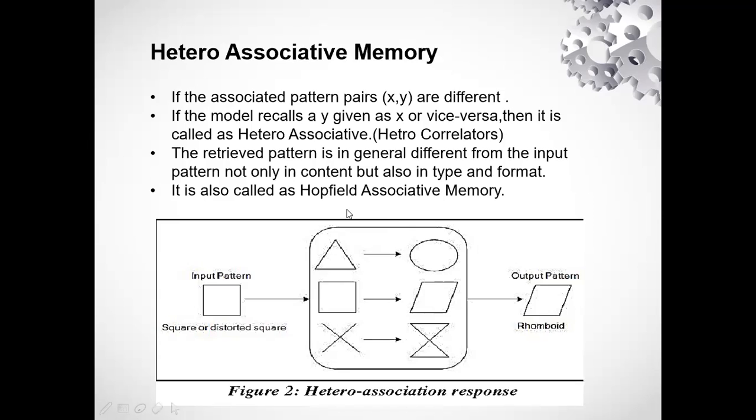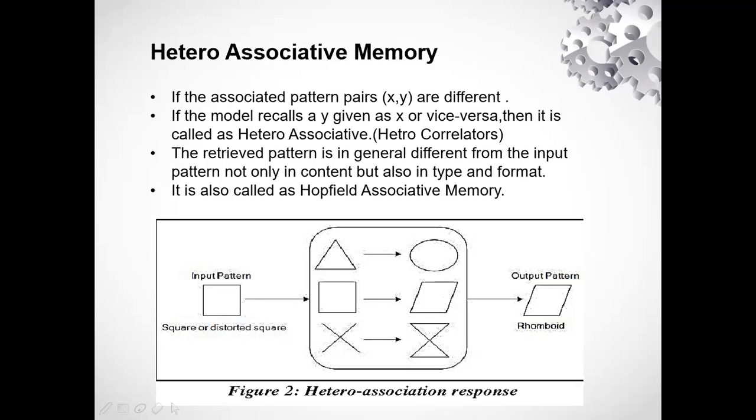Here in the image, it is given a square input, so this rhomboid is given as the output, because the pattern associated with this X was this rhomboid Y. If a triangle is input, then the circle will be the output.